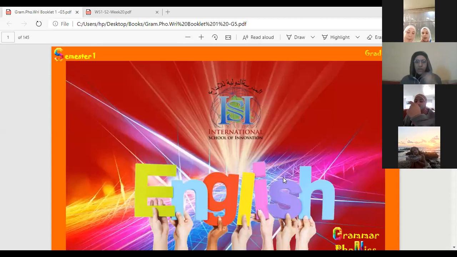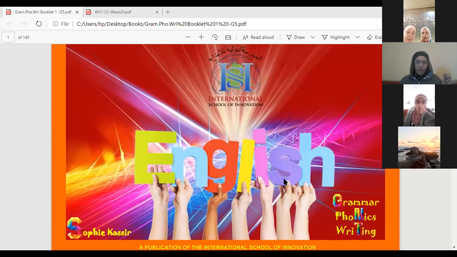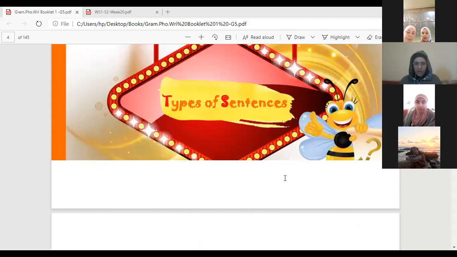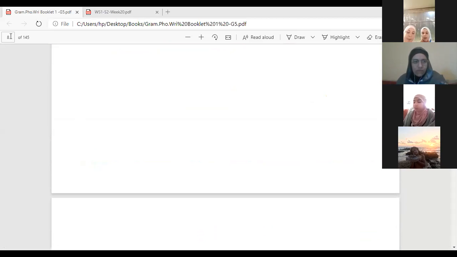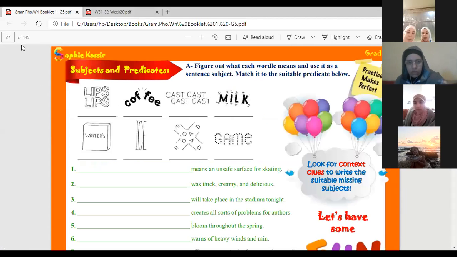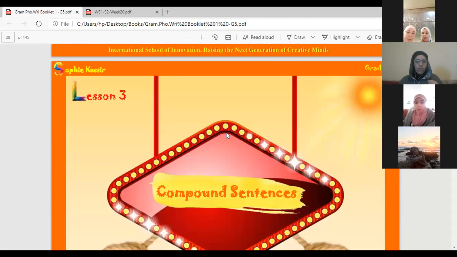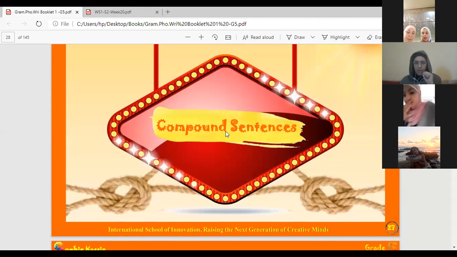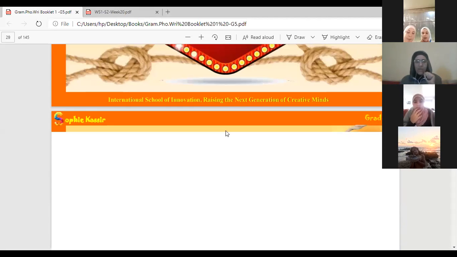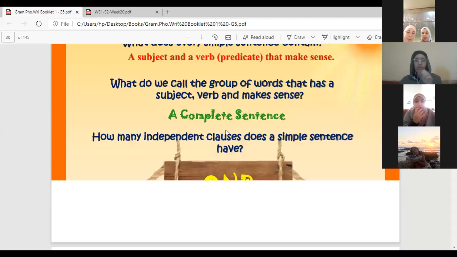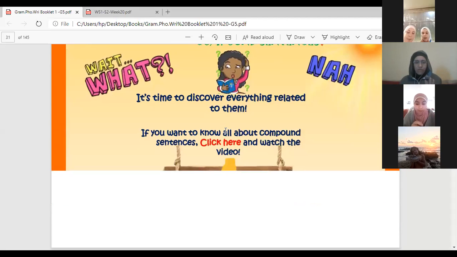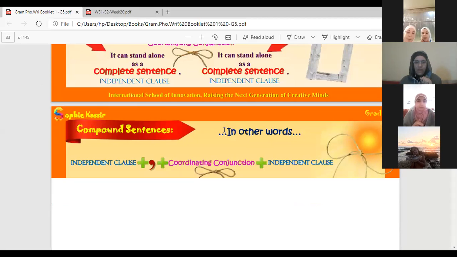This is the grammar booklet 1. It includes the grammar and phonics. If you go to page 27, you will start with the compound sentences lesson, and there is an explanation almost the same as the one I explained now in the lecture.